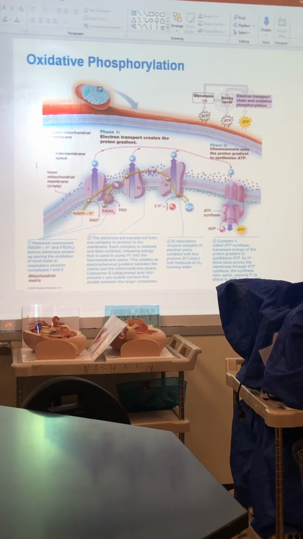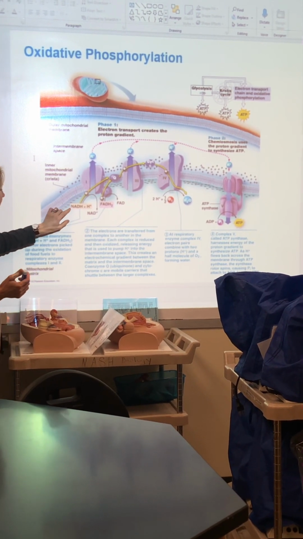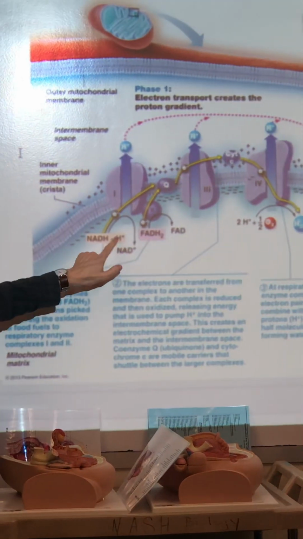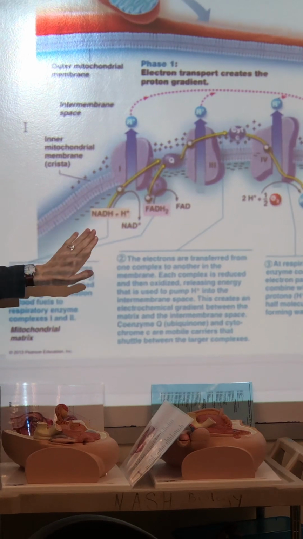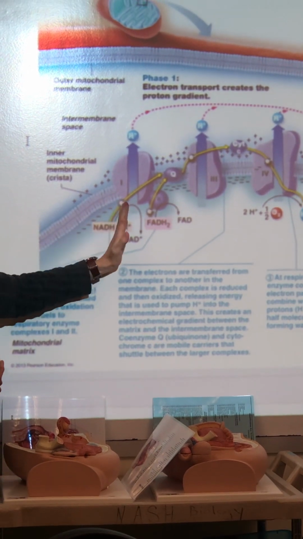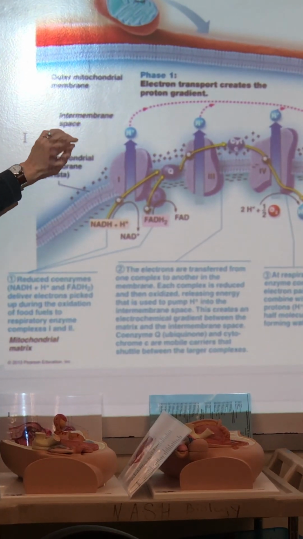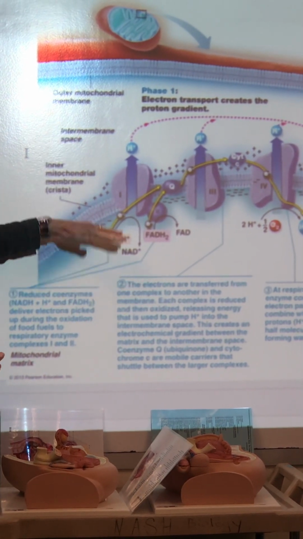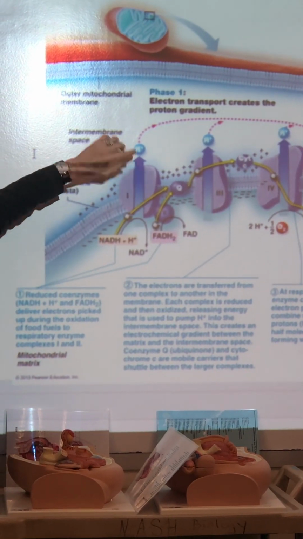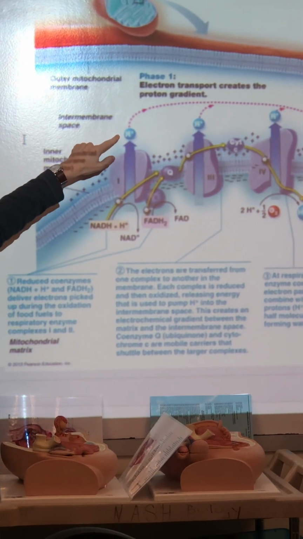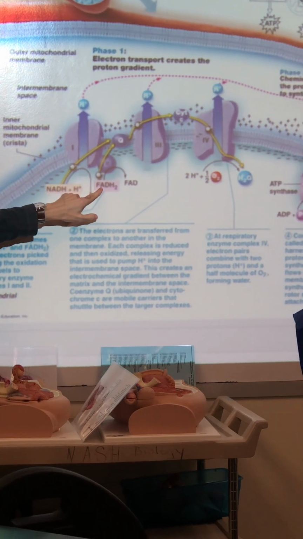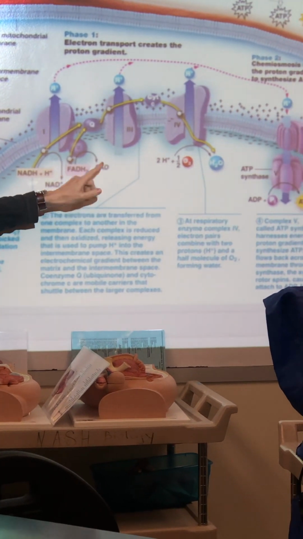So at the first one, what we see is that we are going to oxidize. We lose that electron, where does it go? So we're starting with an NADH. We lose that electron, it moves out into that intermembrane space. Inter meaning between, so we're kind of between those cristae. So I'm adding a hydrogen, which is what my electron is traveling on. I have an FADH. That is also going to be oxidized, okay?